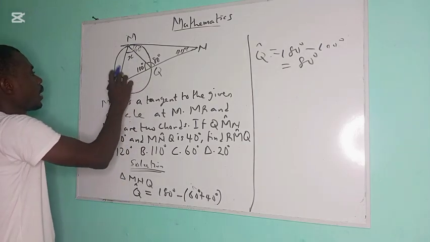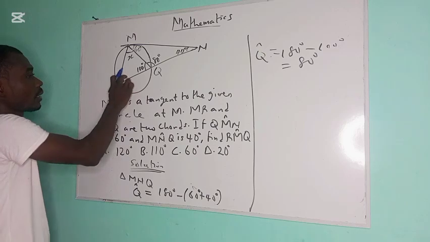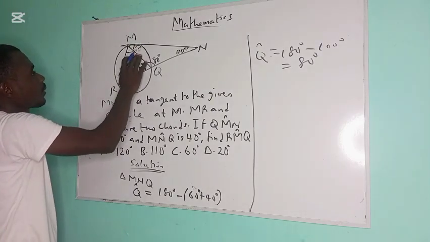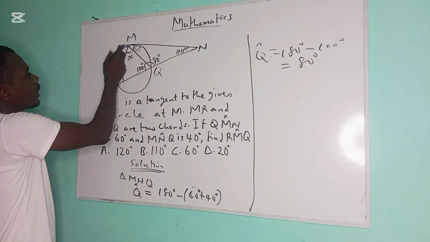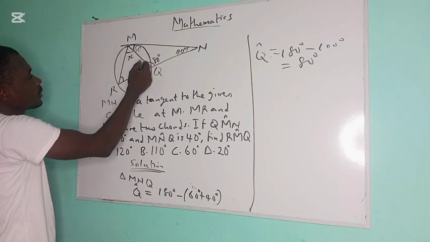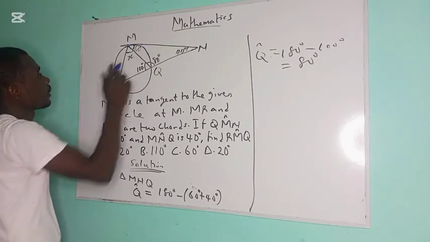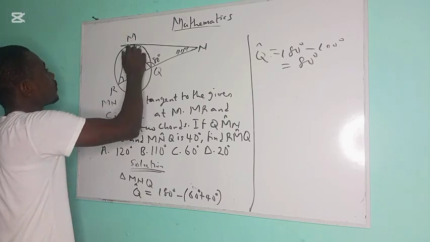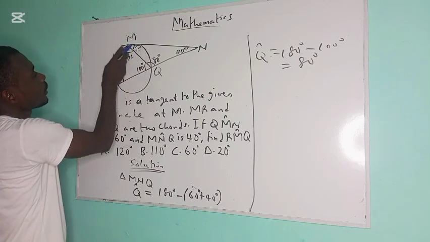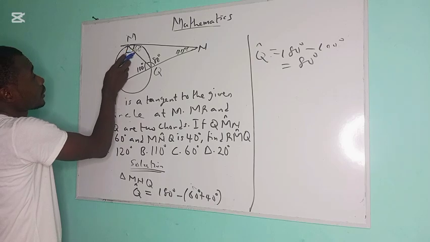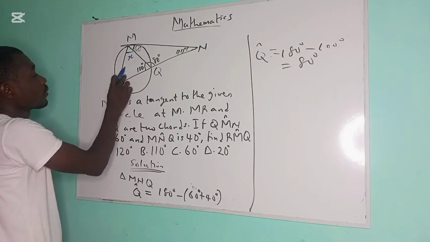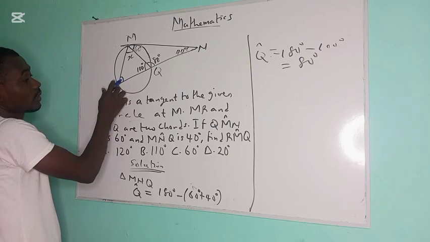So how are we going to get this angle? If you remember this theorem, this is a tangent and this is a chord. The angle between the tangent of a circle and the chord through the point of contact is the same as the angle in the alternate segment.